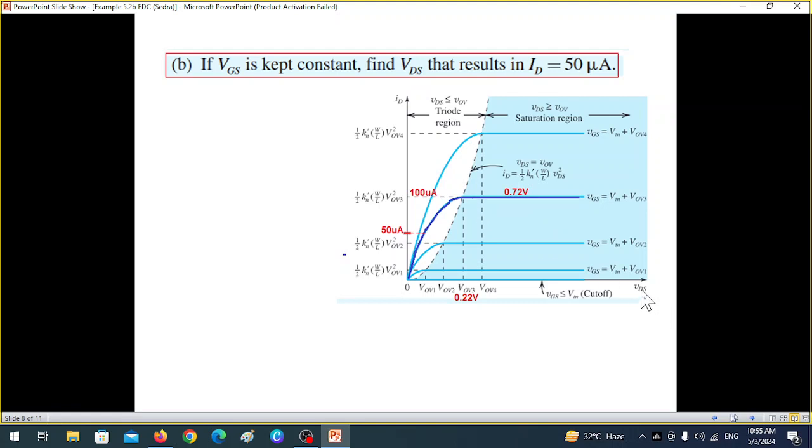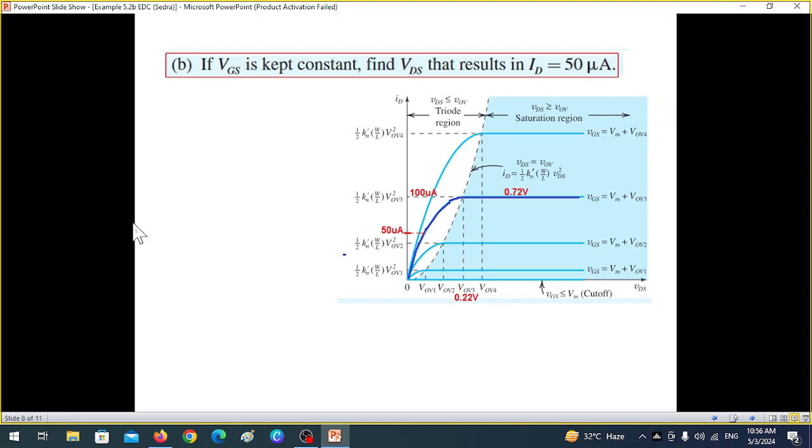We have to find the voltage value VD where the current will be 50. Now it was 100 microampere, it will be 50. So you see this 50 line is touching the graph at this point. So this should be our VOV new. And VOV new will be our VDS saturation.